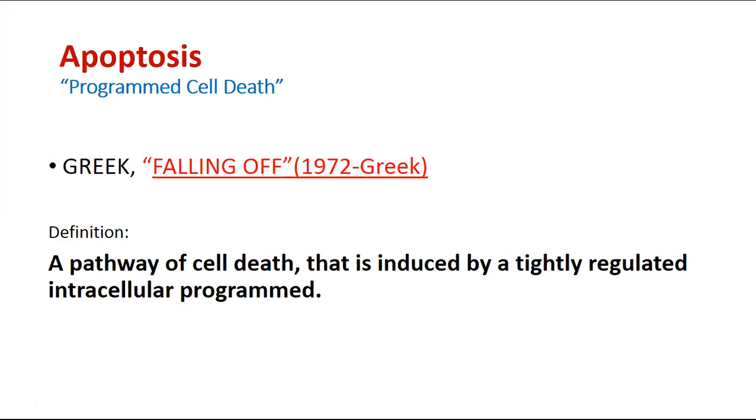Similar to waste management, just now I was looking at Channel News Asia about waste management, how the old things are discarded, the garbage management. All those are tightly regulated programs because these are highly toxic. They may cause damage to the environment and society. So we have to eliminate the unwanted waste in a particular way. Similarly, the body has a mechanism of removing the cells. This mechanism is called apoptosis.